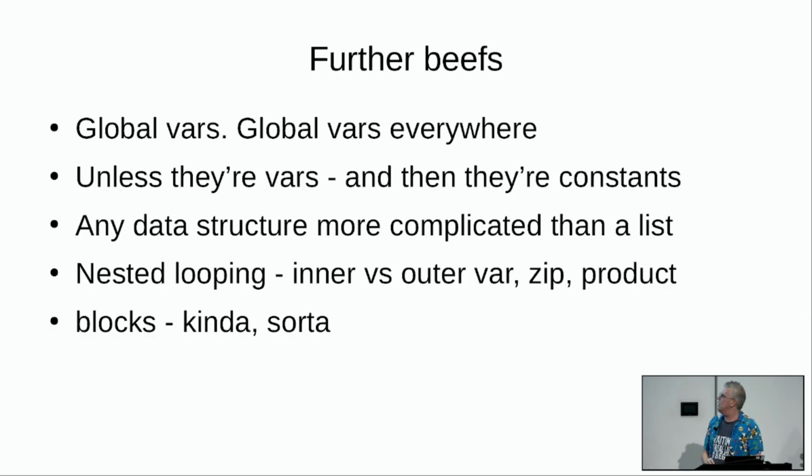Blocks. Blocks is my heading. I want to use blocks for surrounding a group of tasks, where you would say, I only want to do this group of tasks if a particular file exists or whatever.